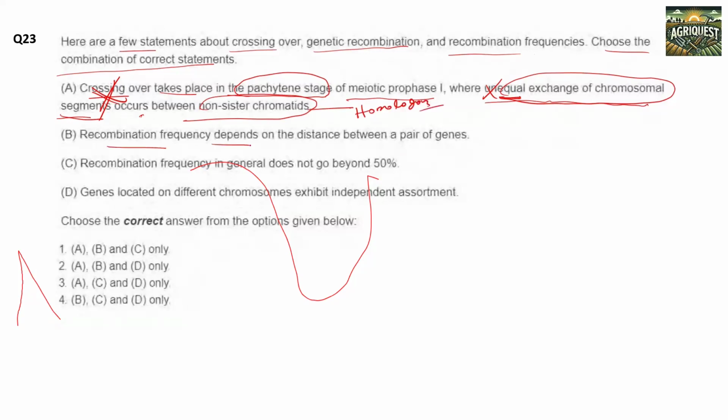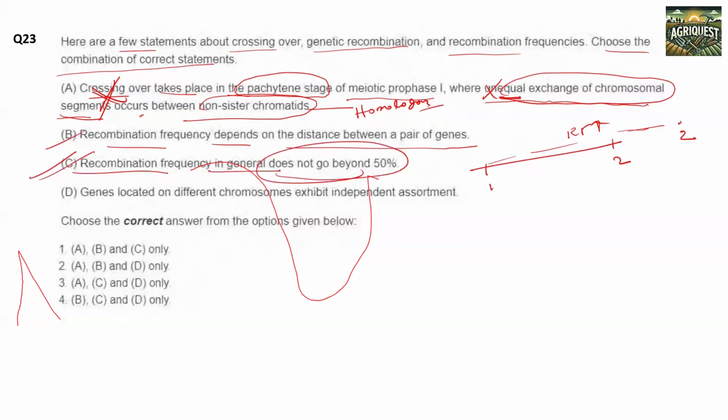Recombination frequency depends on the distance between a pair of genes. If gene 1 is present here and gene 2 is present here, and the distance increases, the recombination frequency will increase. It is correct. Recombination frequency generally does not go beyond 50%. It is also correct.